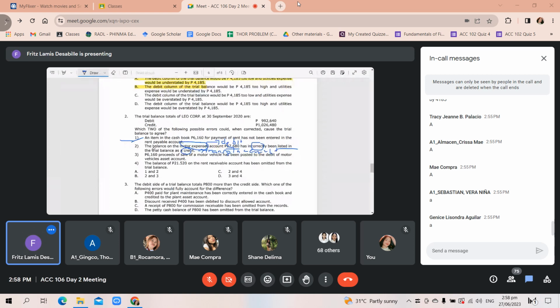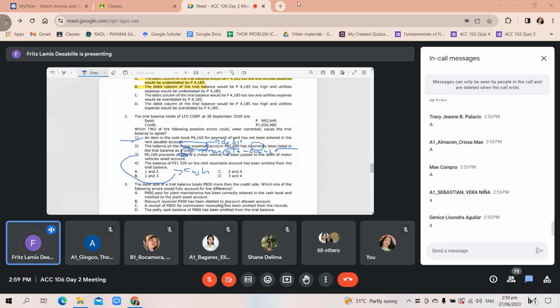Number 3, 6,160 proceeds of sale of a motor vehicle has been posted to a debit of the motor vehicle asset account. So what is the effect? For the proceeds of a sale, the entry should have been a debit to cash.